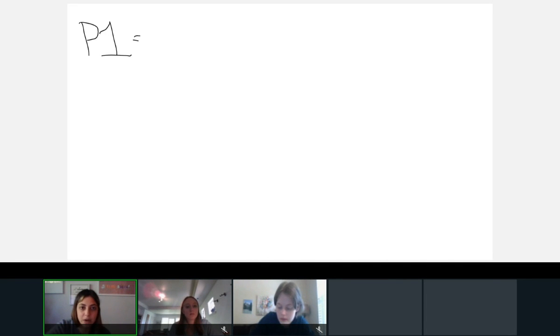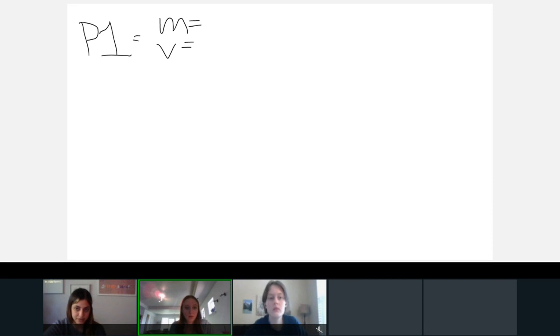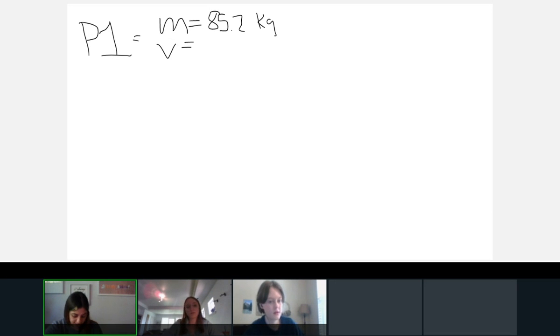Can you guys tell me what was player one's mass and what was his velocity? The mass was 85.2 kilograms. Good. And the velocity is 1.43 meters per second.